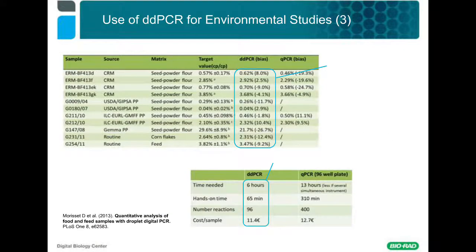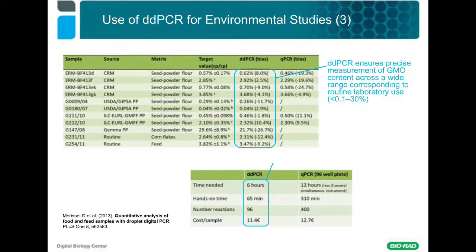What you can see here is that digital PCR ensured the precise measurement of GMO content across a wide range that corresponded basically to the routine laboratory range, from 0.1% to 30%. The bias, or the value in brackets, is basically the divergence from the theoretical or expected value, the target value.